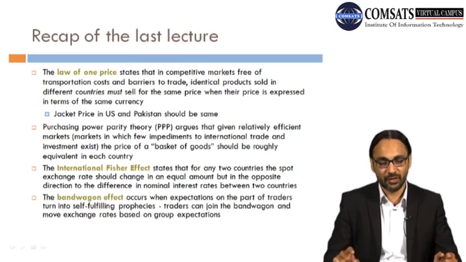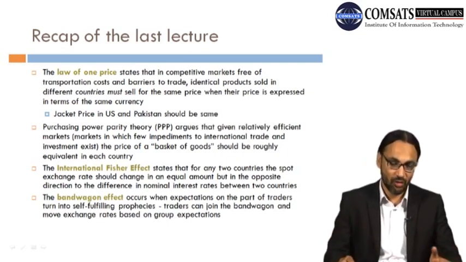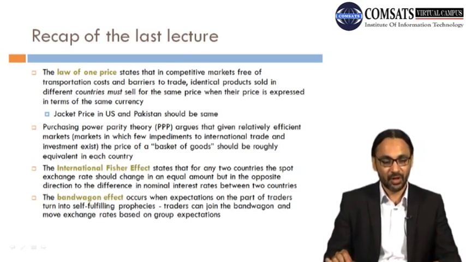The difference between the law of one price and purchasing power parity is that the law of one price assumes an efficient market with no trade barriers, no trade impediments and no transportation cost, while purchasing power parity has the underlying assumption of a relatively efficient market. A relatively efficient market is a market in which few impediments to international trade and investment exist.